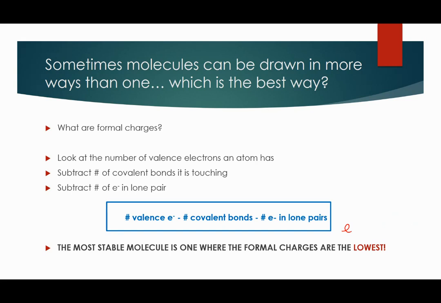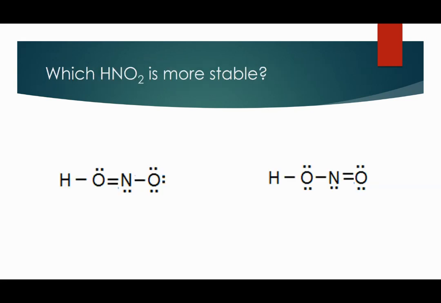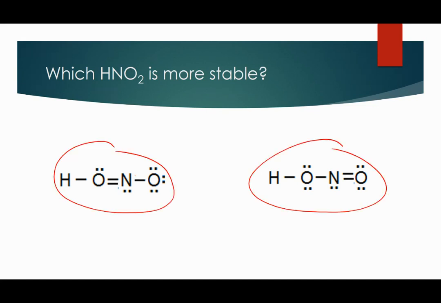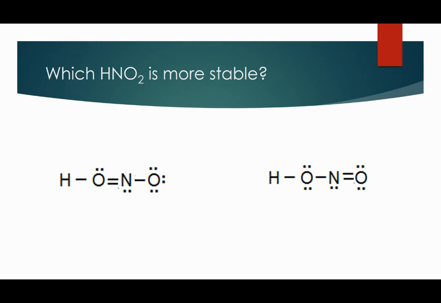If we're looking at HNO2, and we have our two different ways that it can be drawn out, we need to look at which one is more stable. If I was to ask you to draw the most stable form of HNO2, which one do you need to actually draw out, and how would you know? This is where we can start to look at formal charge.